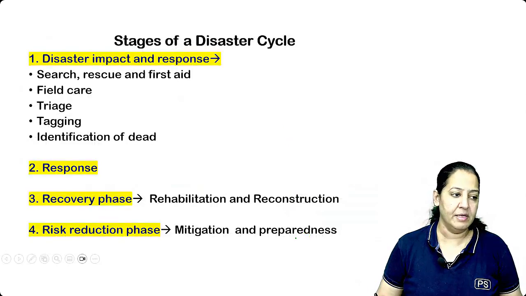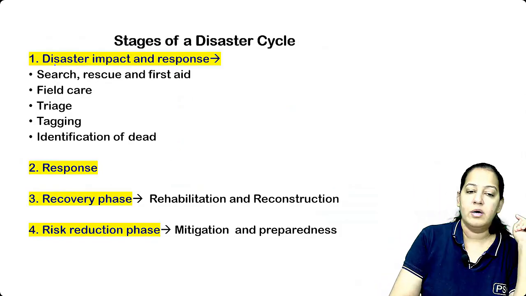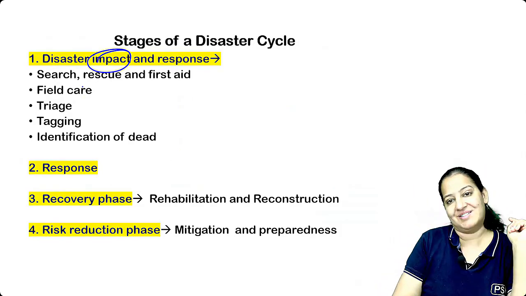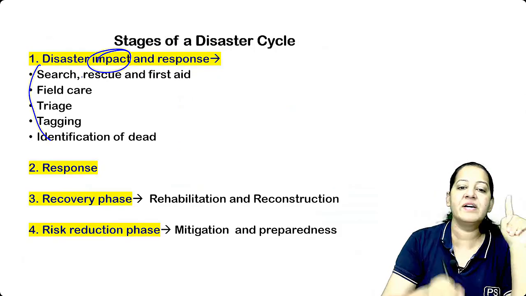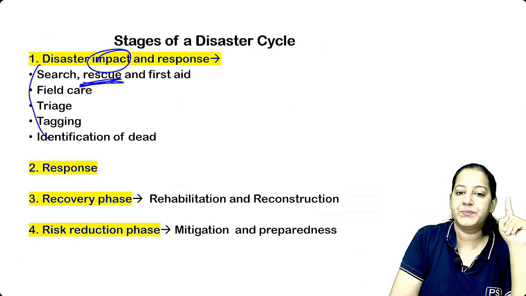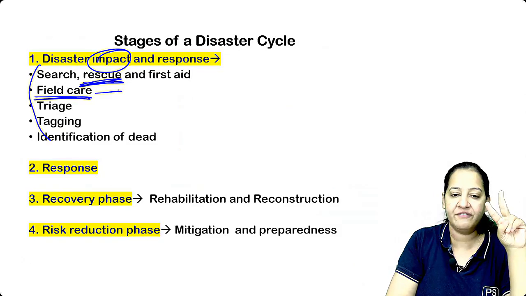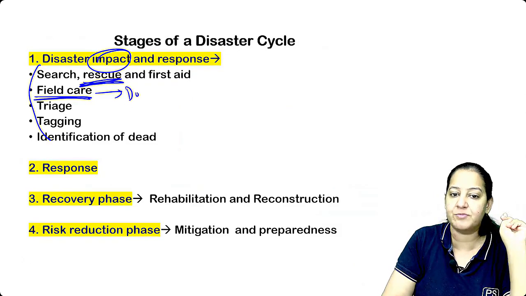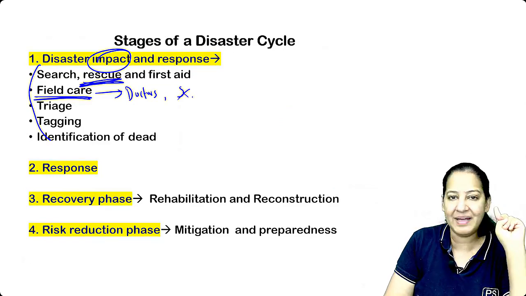How many of you are listening to me? That is disaster. So I taught you the impact of disaster. I taught you 5 things in the impact of disaster. First, do rescue. Number 2, provide the field care. In the field care, arrange doctors on the field as soon as possible, mainly surgical treatment will be given.